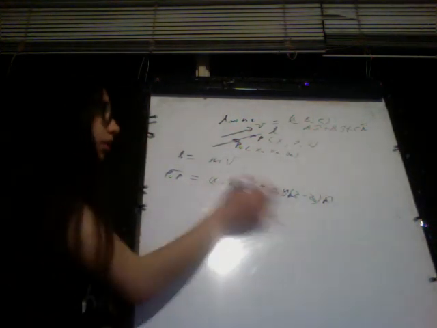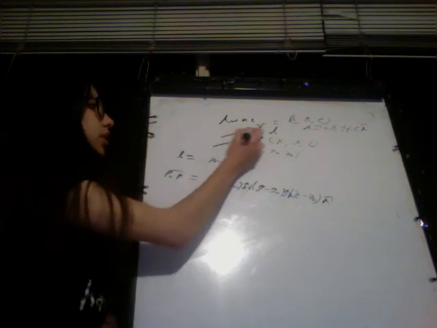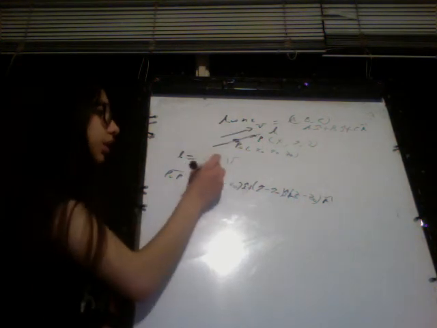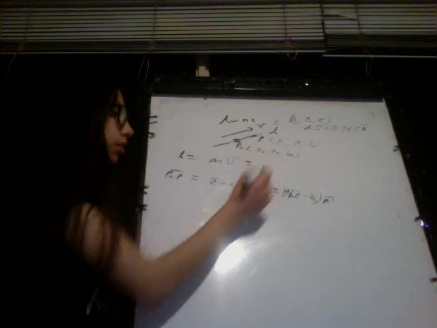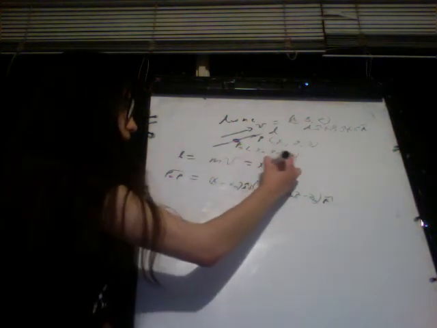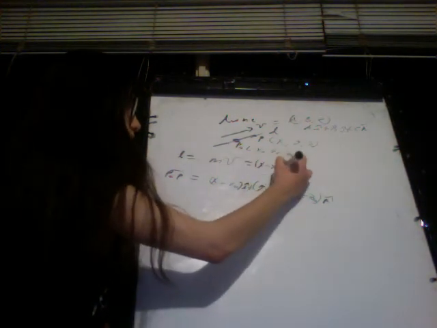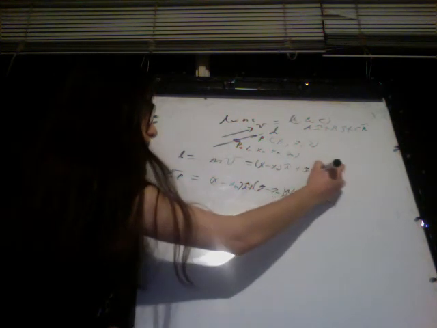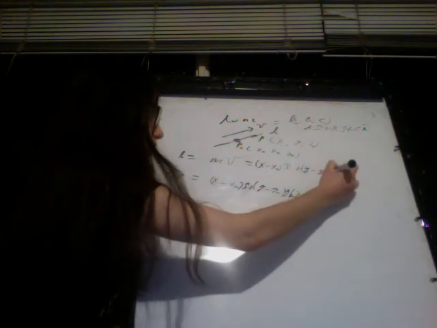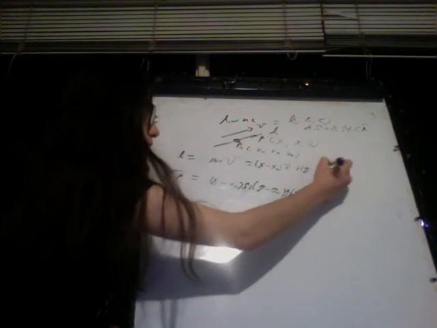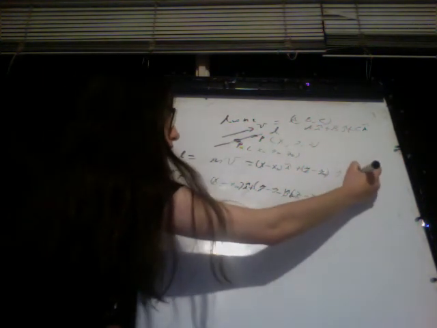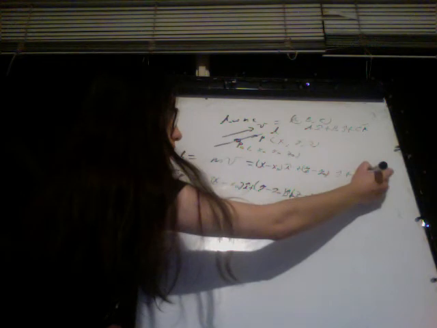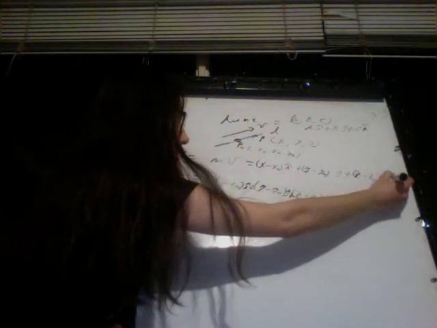So this vector is going to be a scalar multiple of vector B. Here M B is equal to X minus X naught i plus Y minus Y naught j plus Z minus Z naught k.